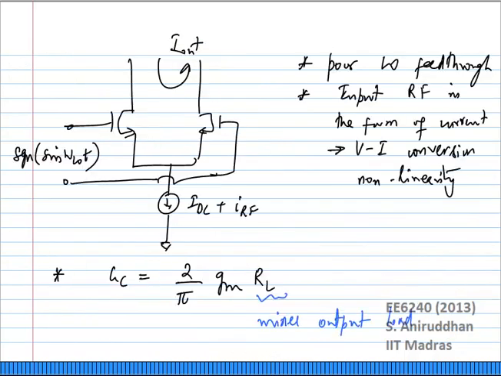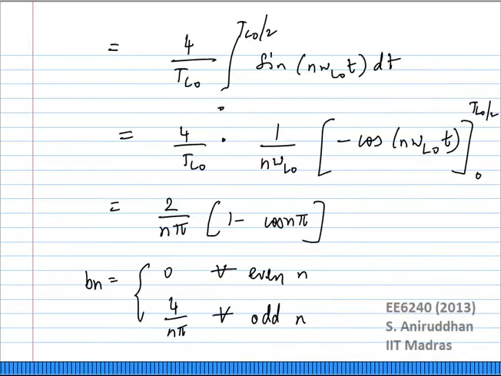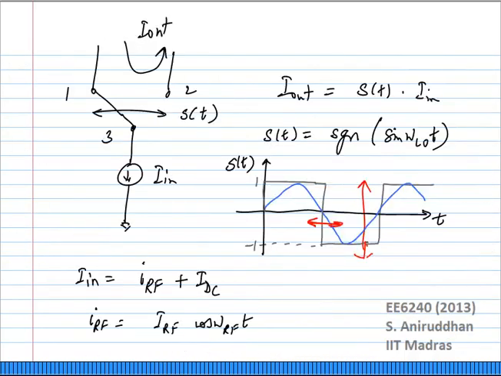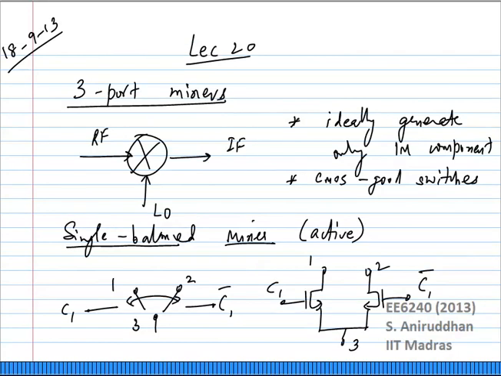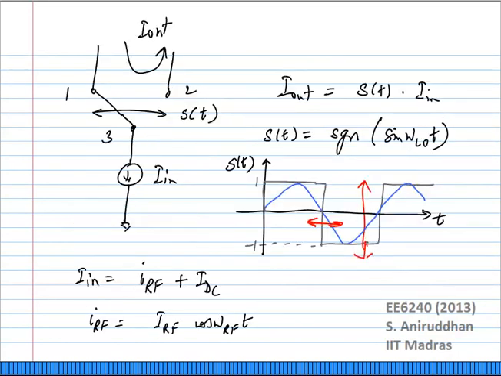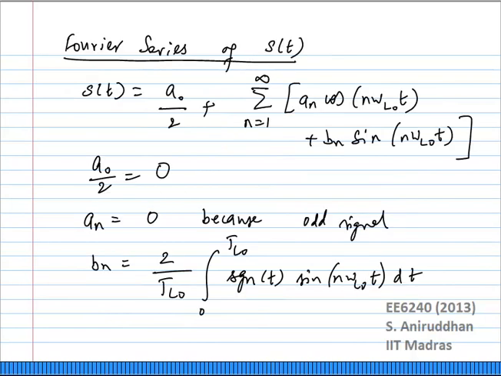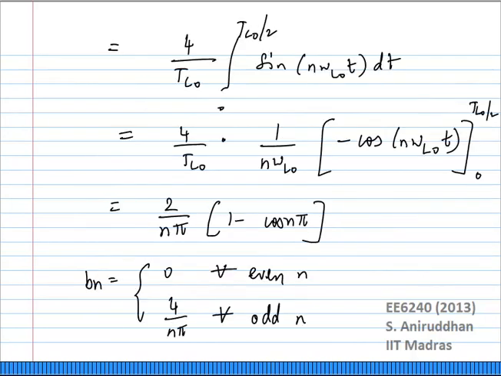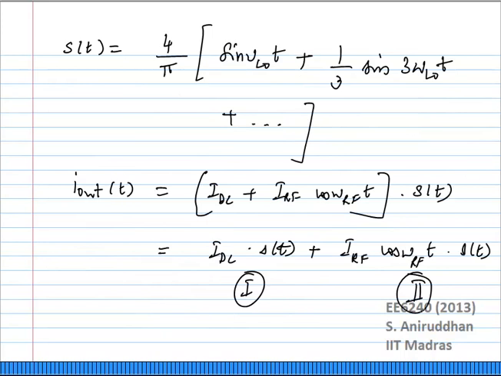And to quickly review the other items we saw, we did the mathematical analysis of the single balance mixer by treating the current function as a signum function. We derived the Fourier series of that function. Very simple, you've all seen that before. And based on that, we said the input has a DC component and a signal component, so it's IDC plus IRF cos omega RFT.